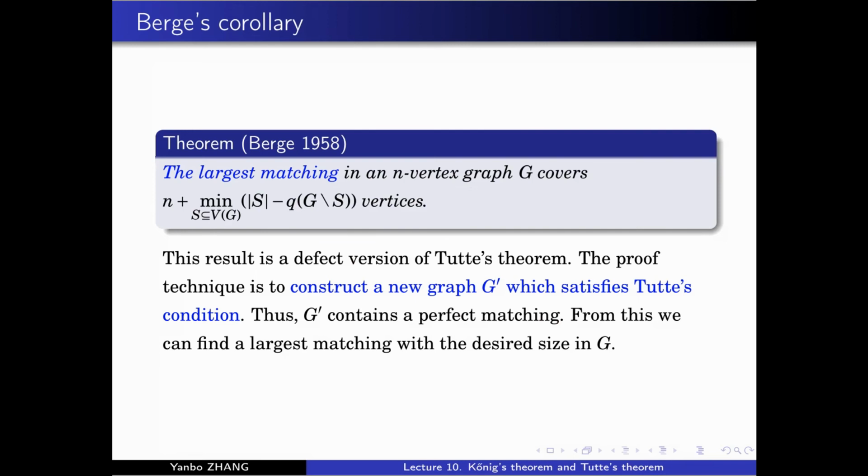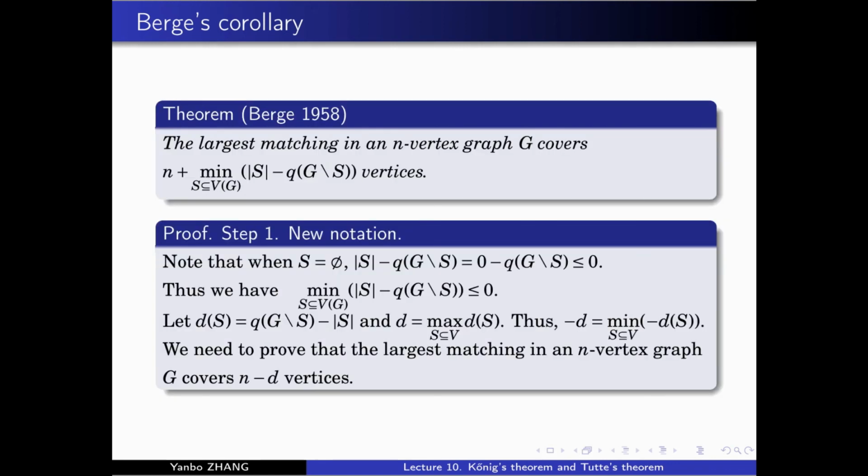The proof technique is to construct a new graph G' which satisfies Tutte's condition. Thus, G' contains a perfect matching. From this, we can find a largest matching with the desired size in G. This is the first step of the proof. We introduce some new notations.